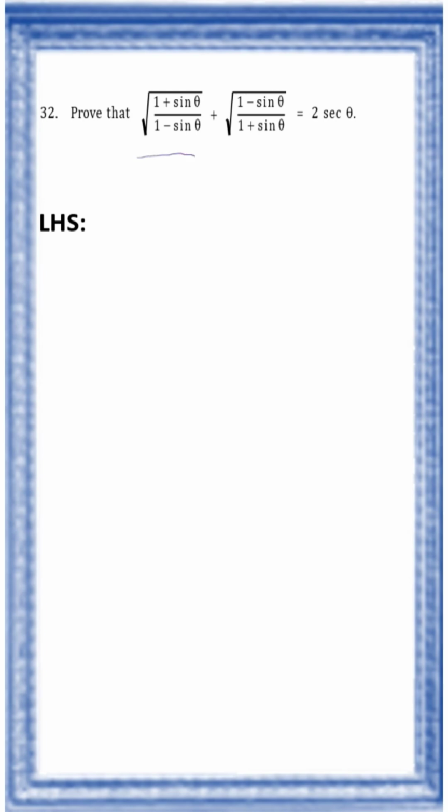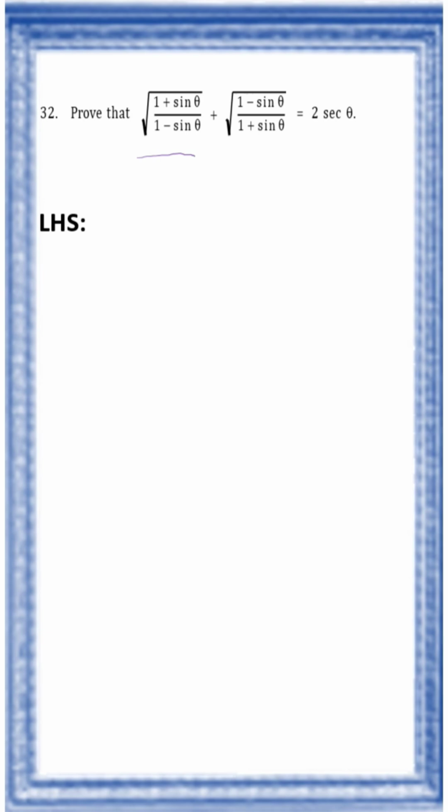Only this part has been given, prove that it is equal to secant theta. And a similar type of question, 1 minus cos theta upon 1 plus cos theta plus 1 plus cos theta upon 1 minus cos theta, has been given in the previous model question paper.